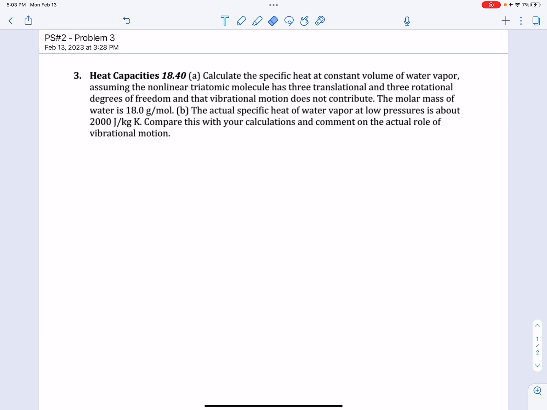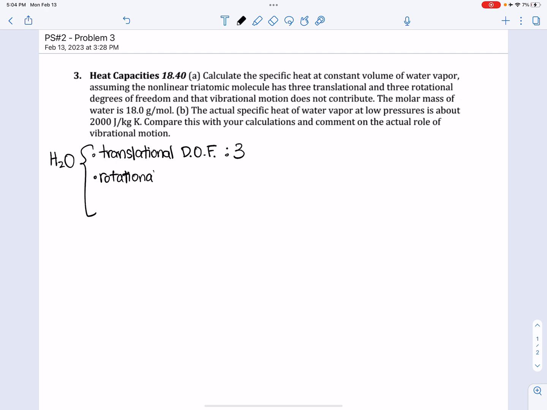Okay, so let's start with our givens. Got water vapor, and we know that translational degrees of freedom, we've got quantity 3, right? And for rotational degrees of freedom, we also have quantity 3.